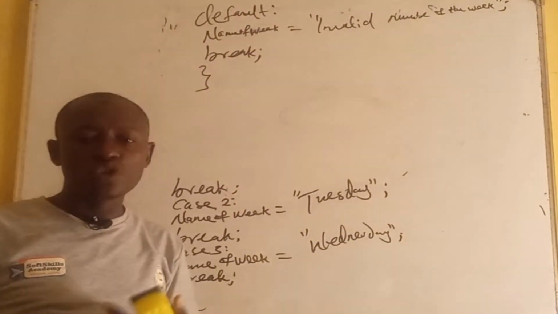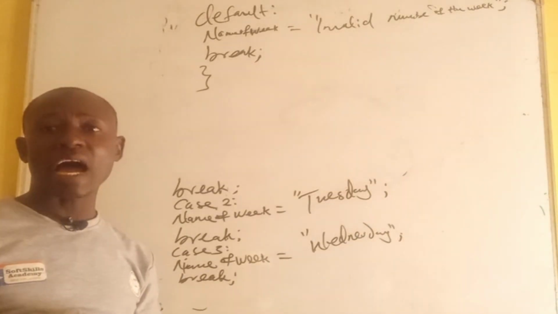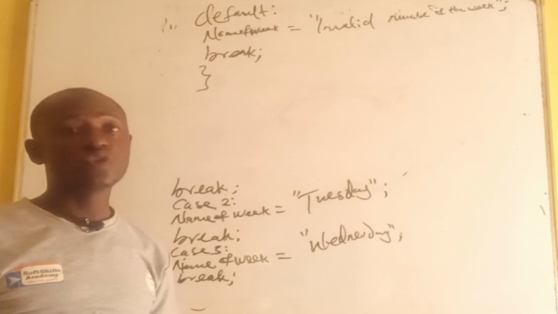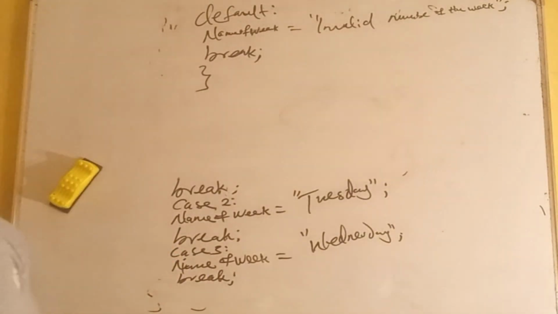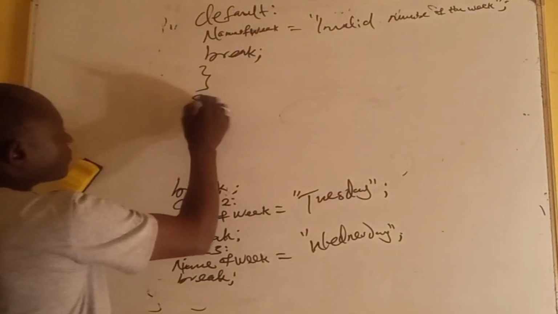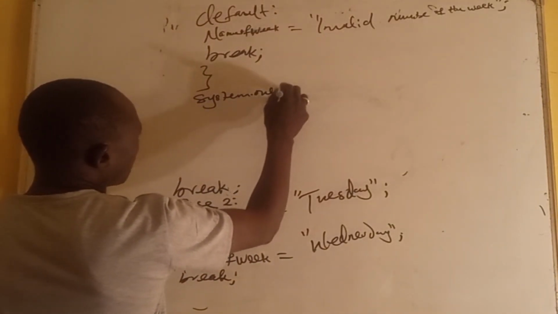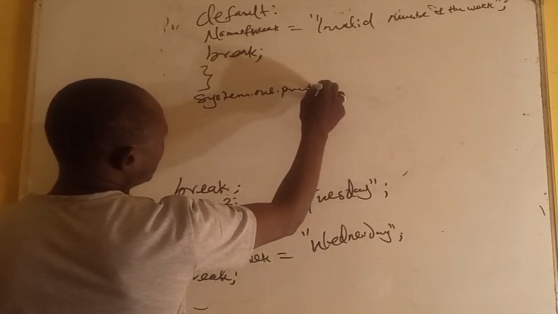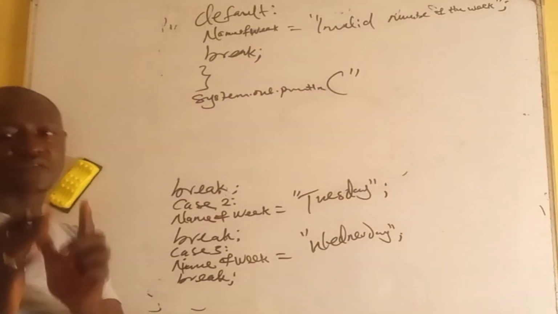So now what you are going to do is to display or write an output, use an output function to display a statement called system.out.print. Then today we want to have a string.